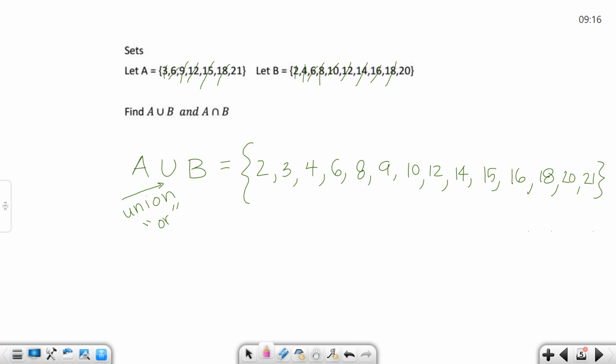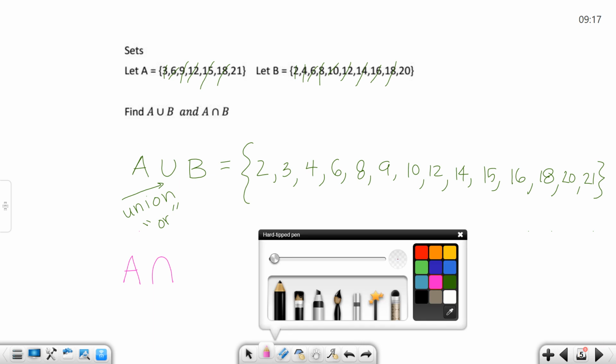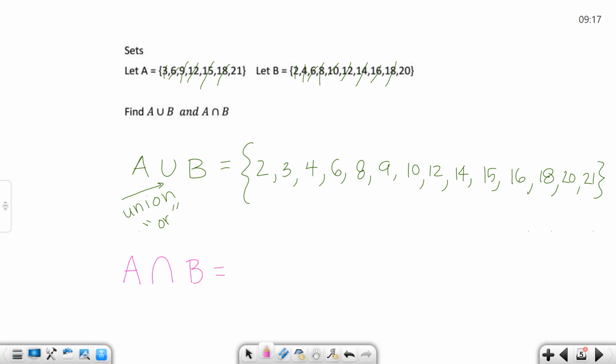Now the other symbol, let's use pink this time. I wrote the B like that. Let's try again. There we go. That's a little better. So this symbol, the upside down U, means intersection. And what intersection means is and.